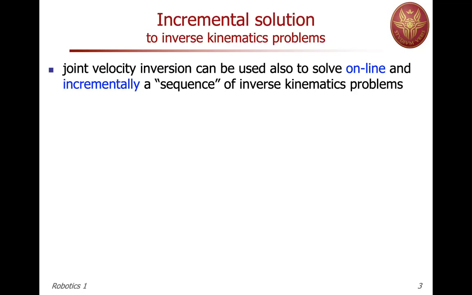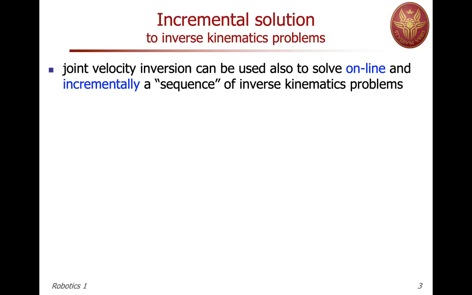We can also associate to each iteration of a numerical method some kind of motion of the robot. The initial configuration, the initial guess for our inverse kinematics, is where the real robot is currently placed. Now we give a small increment to the task variable, and we solve a new problem, starting with this guess. And then we repeat this over and over.